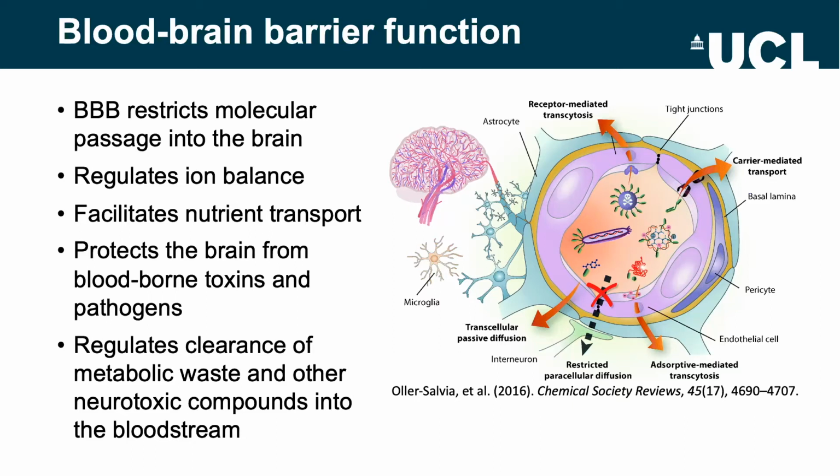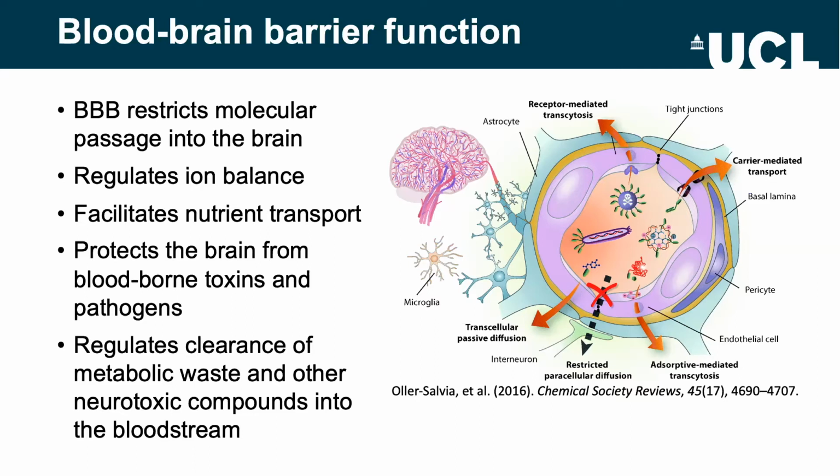So it's a very important protective organ within the central nervous system, and without it, the potential for toxins to get into the brain would be much higher.